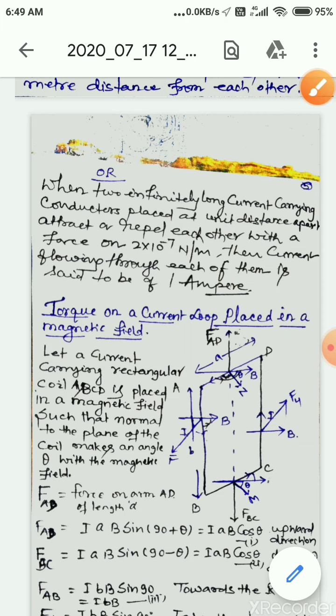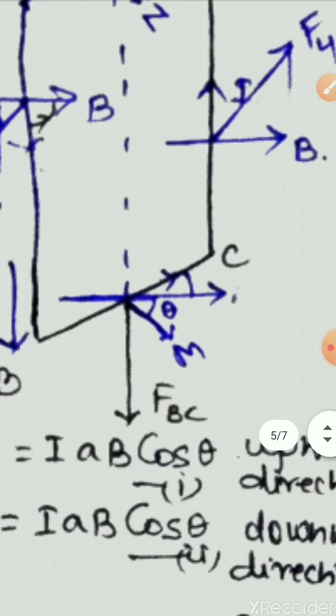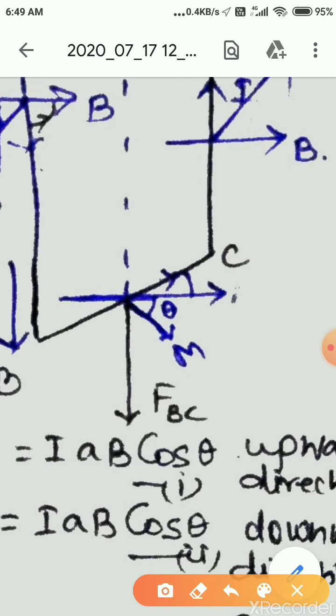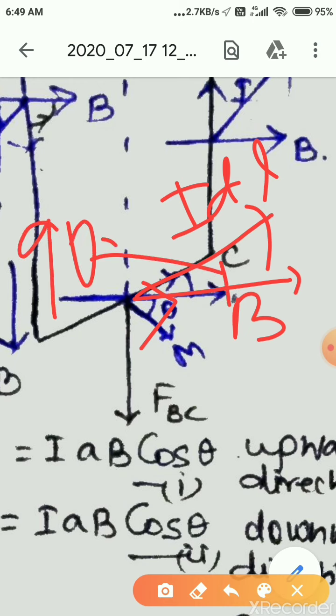Now force on arm BC. This is the direction of I dL and this is the direction of the magnetic field. This angle is 90, so here it will be 90 minus theta.